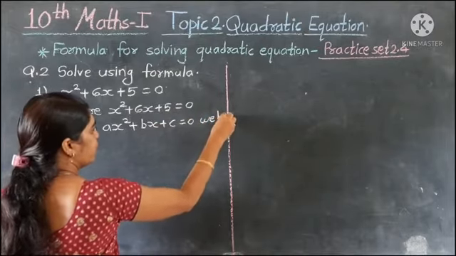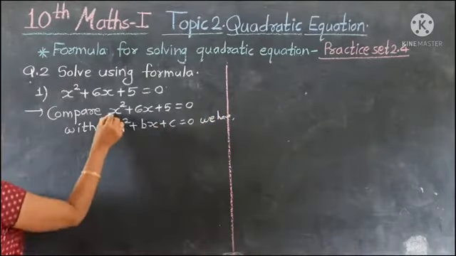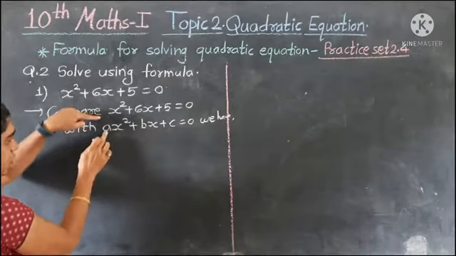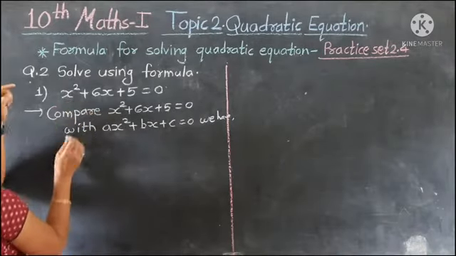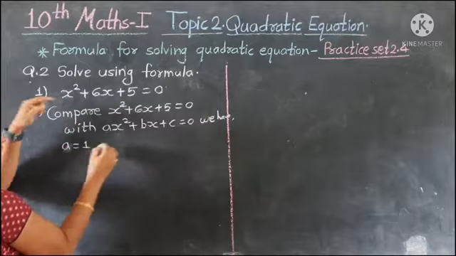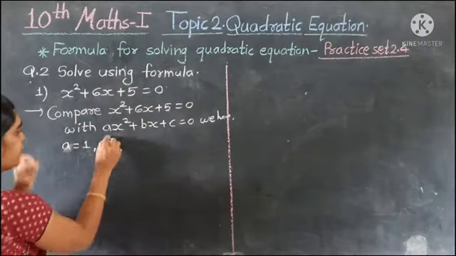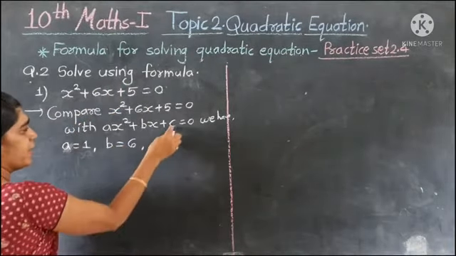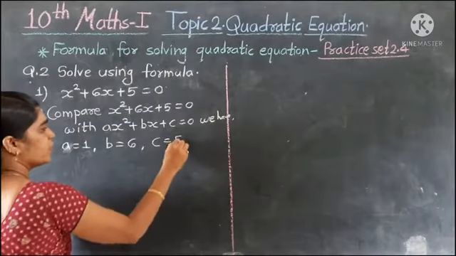We get the value of a. Comparing with x square, a is equal to 1. Then b is 6 and then c is 5.